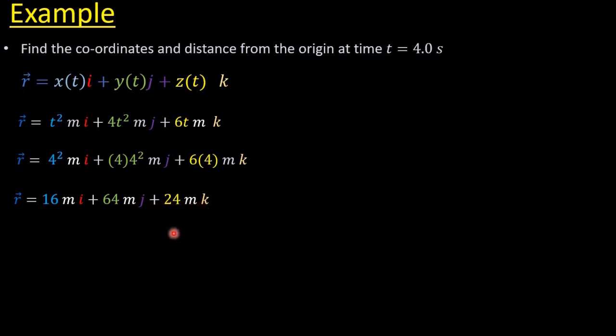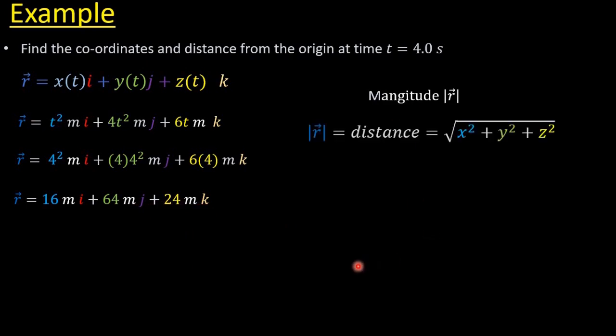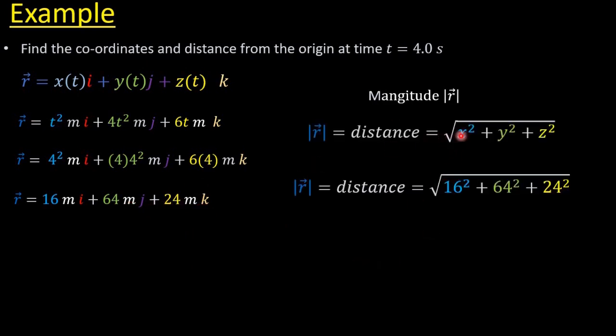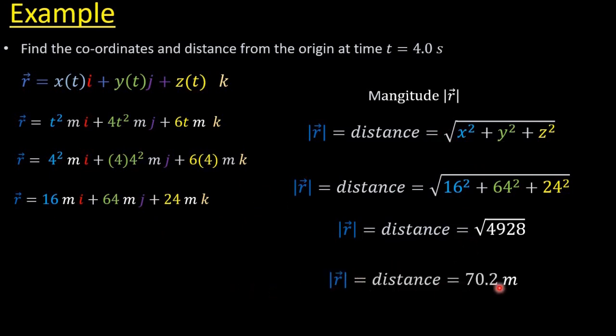So that is our coordinates. The magnitude of r, we just apply Pythagoras to that, put our numbers in. So remember, x was 16, y was 64, and z was 24. And then it simplifies down to this. Take the square root, and we get 70.2 meters. And that is the answer to this part.